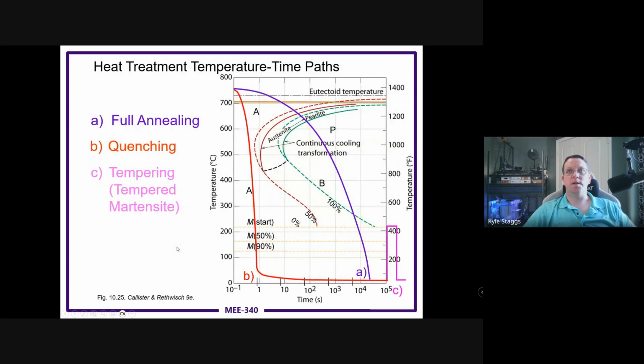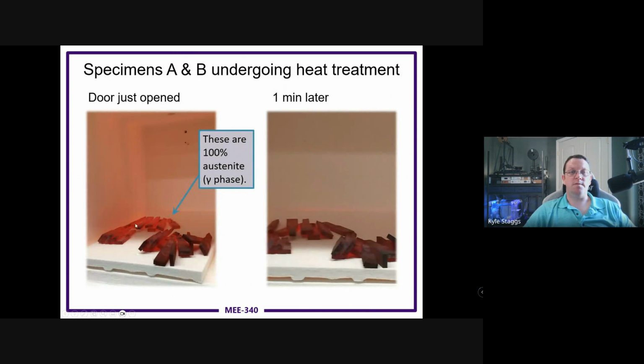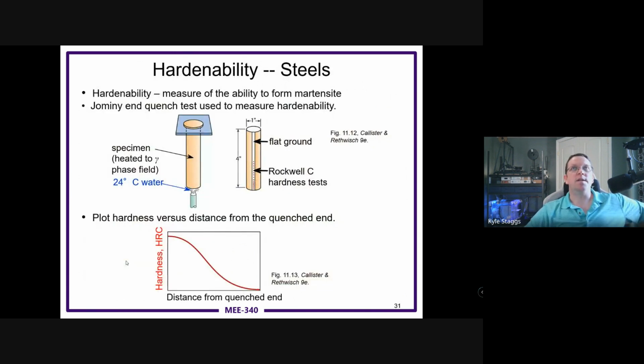So 100% in the austenite phase can be up above like 600 to 700. So somewhere in the range of 600 and above C is where you start to get that emissive glow. So it's very, very hot.